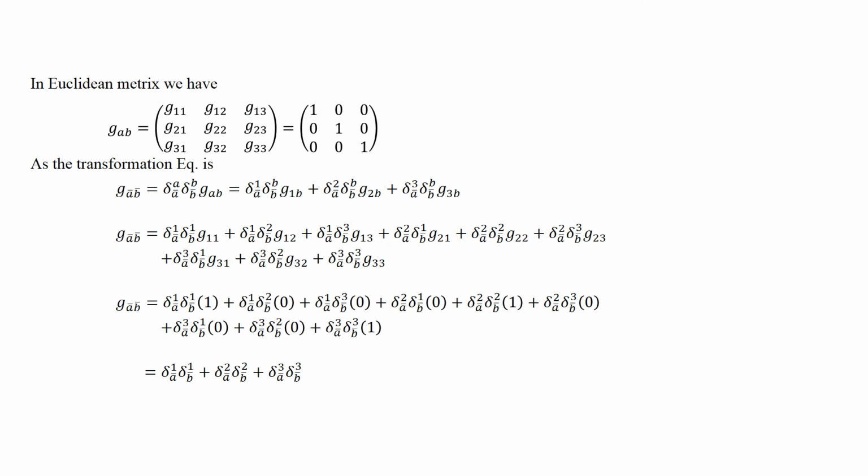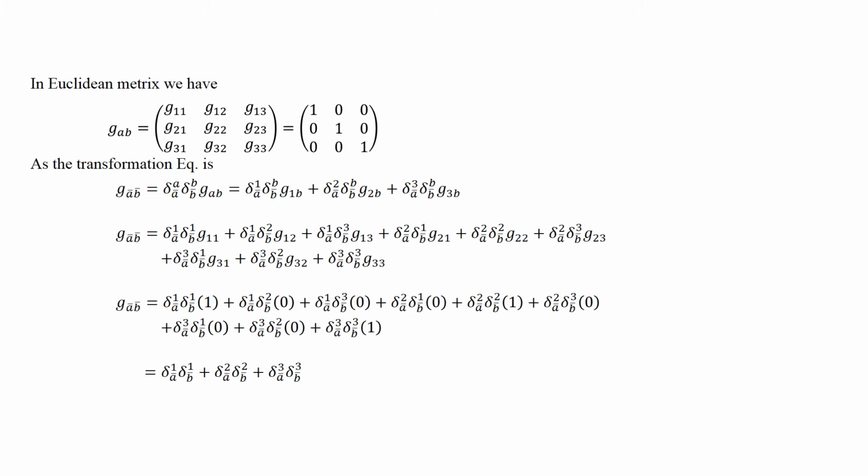As I told you previously, in the Euclidean metric we have G AB equal to the matrix with rows G11 G12 G13, G21 G22 G23, G31 G32 G33, which is equal to 1 0 0, second row 0 1 0, and third row 0 0 1. The transformation equation is given as G A bar B bar equal to delta A bar delta B bar G AB.